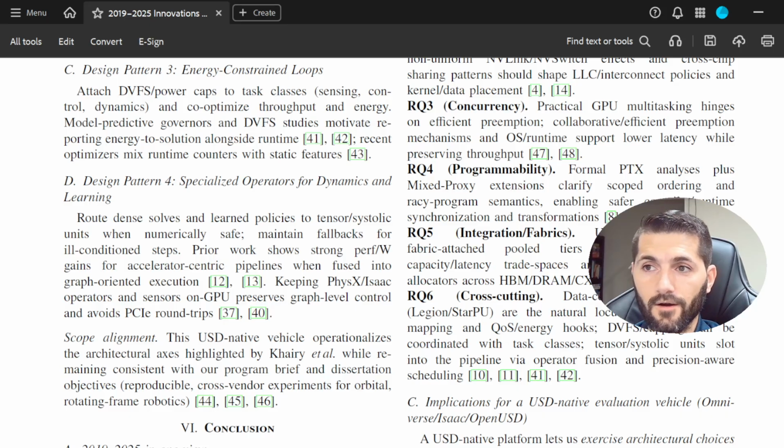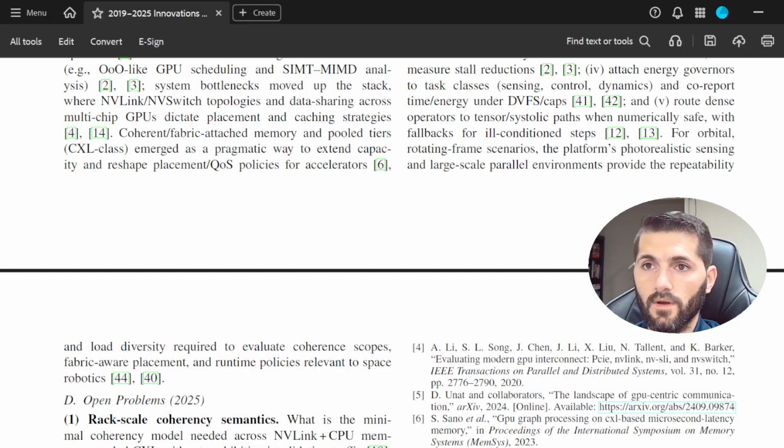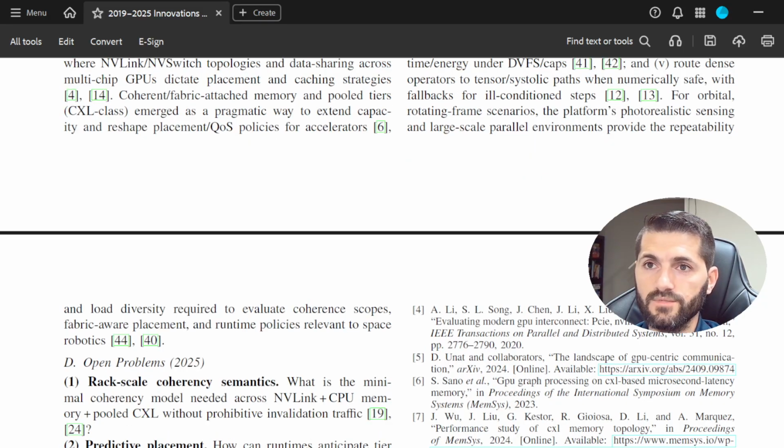I used a baseline taxonomy. The five architectural axes they highlighted are important and have materially advanced since 2019. And it's increasingly interoperable. There are a few open problems: rack-scale concurrency, semantics, predictive placement, portability with a peak, and fairness with isolation.